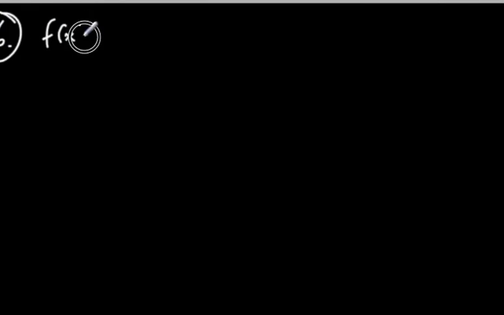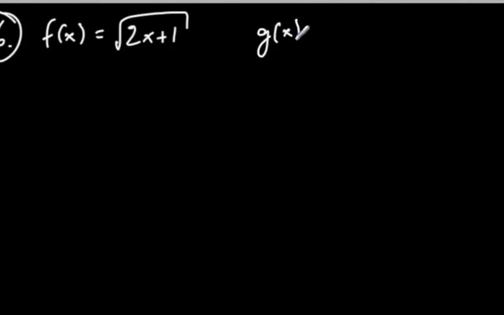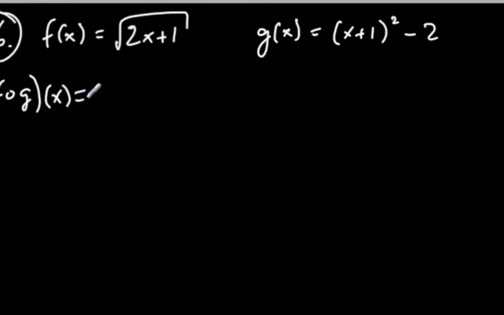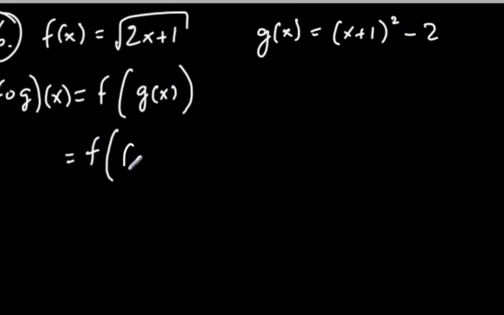So f of x is equal to the square root of 2x plus 1, and g of x is equal to x plus 1 squared minus 2. So let's do f of g. So f of g of x is equal to f of g of x, and g of x is simply that, so it's f of x plus 1 squared minus 2, okay?